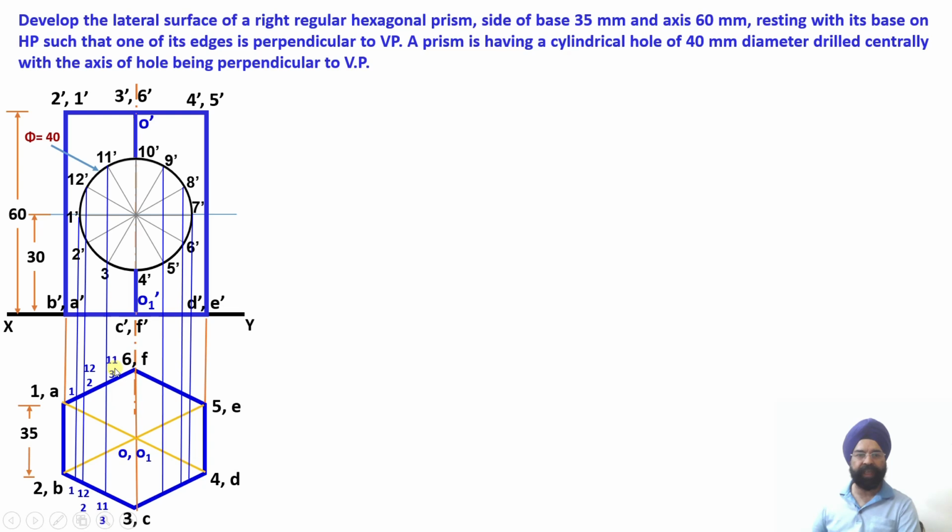You are going to get 11 and 3 at both of these surfaces, front surface and this is the back surface over here. Next, you look at this particular prism from the top. So 10 dash and 4 dash from the top will give you 2 points, one over here 10 and 4 and one over here 10 and 4.